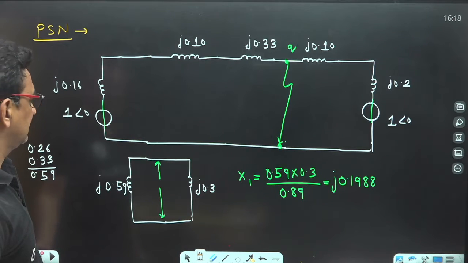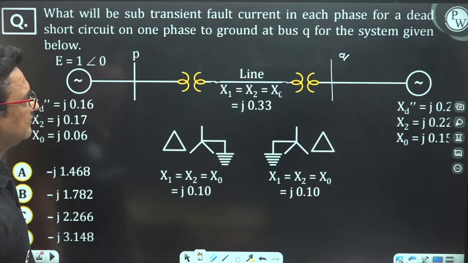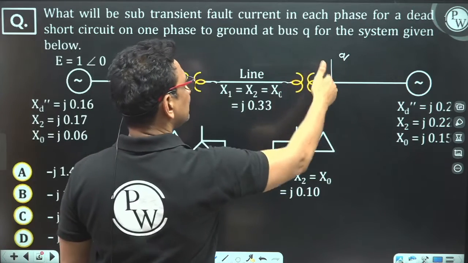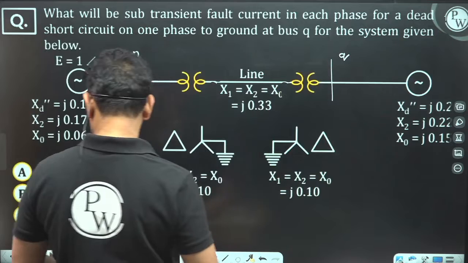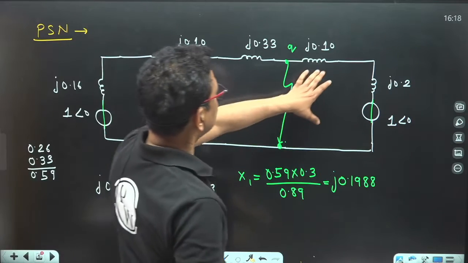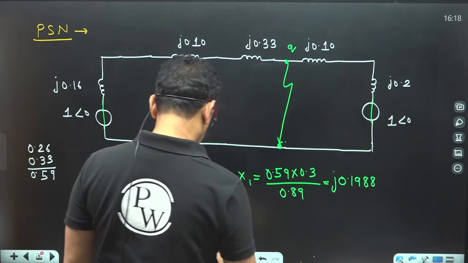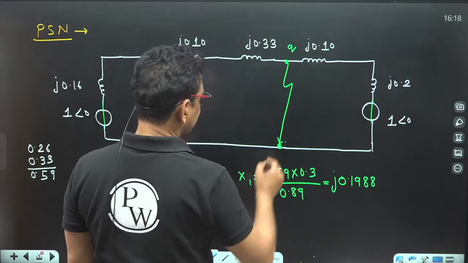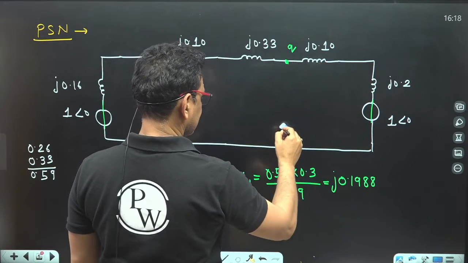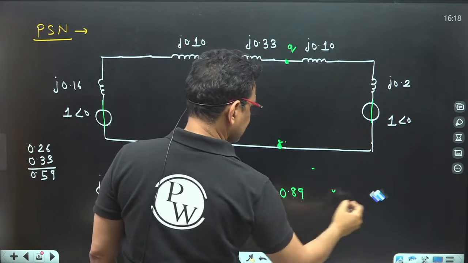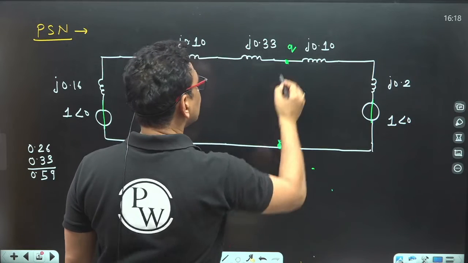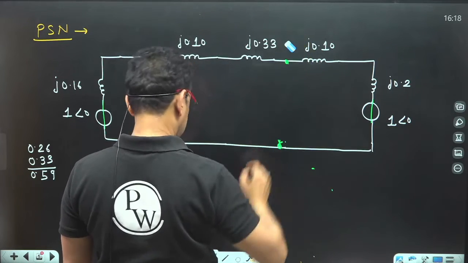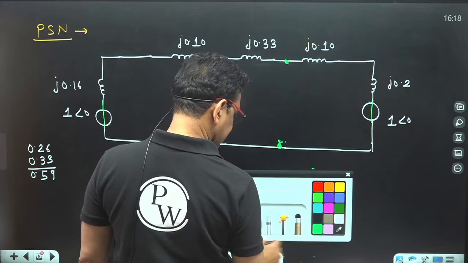Oh, I have made one mistake, because the Q bus bar is after the transformer. So here we have it after the transformer. This Q was located after the transformer, so I have to recalculate this.